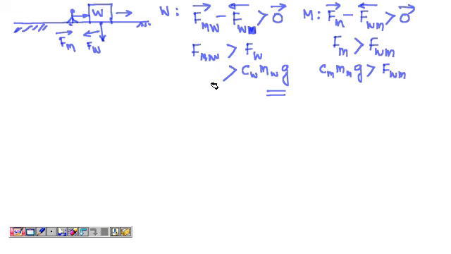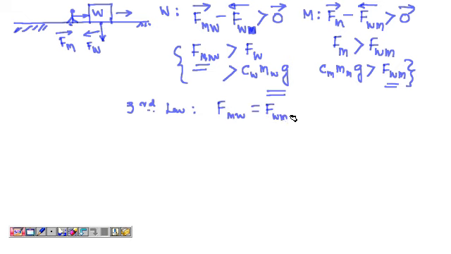So if I take this formula that we found out here and we combine it with this formula, what do we get? We know that Fmw is equal to Fwm by third law. So let's write that down. By third law, Fmw is equal to Fwm, right?